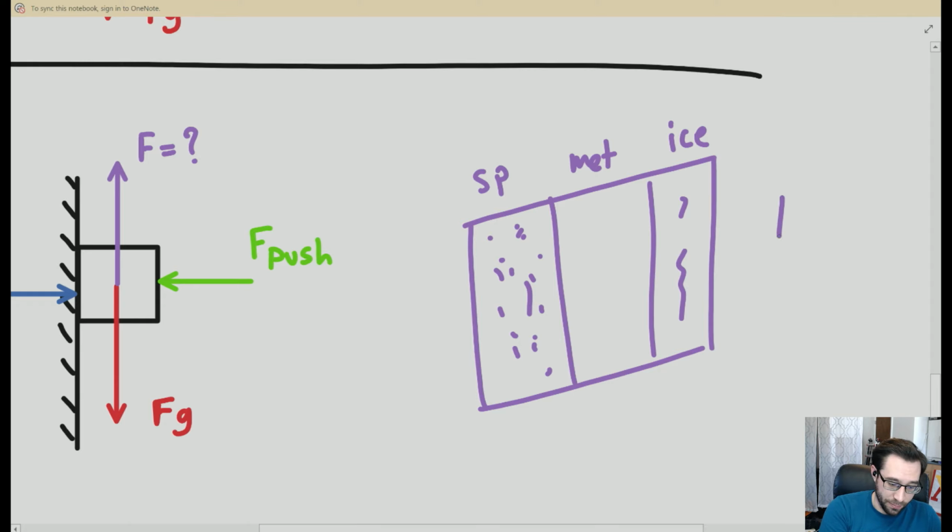And then I take a box, and I'm pushing against the sandpaper with a little machine. It's a constant pressure, and then I start decreasing the amount of pressure being applied to the box against the wall. Which one of these situations, the sandpaper, the metal, the ice, would the box fall first?